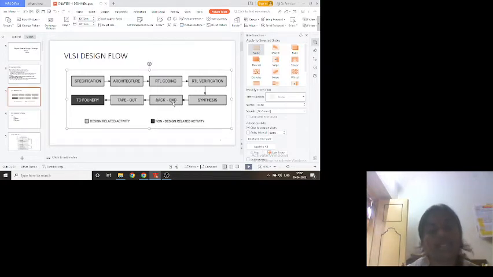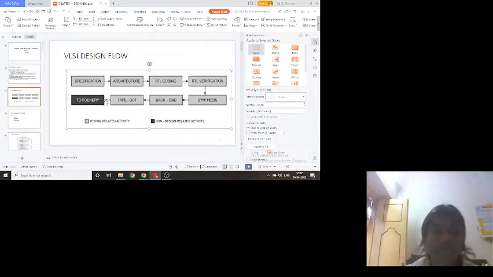Then this layout will be taped out into an IC after suitable testing and verification.